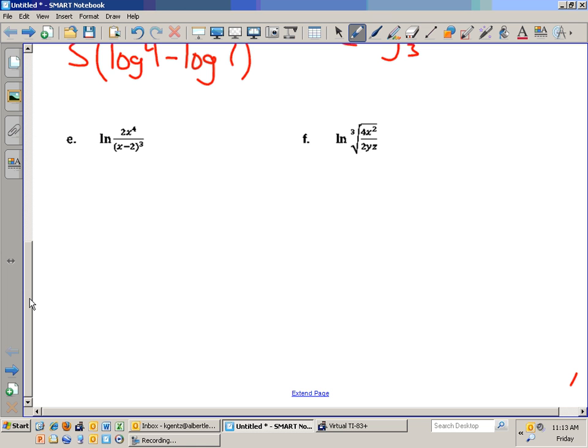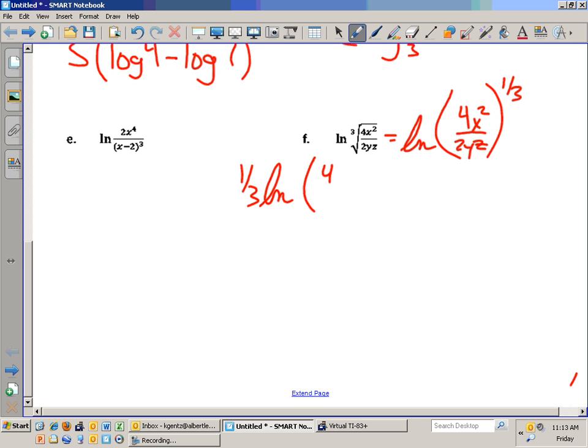So, all right, we'll try the next one. I'm going to write this a little bit differently. I'm going to write it as the natural log of 4x squared over 2yz, all to what power? 1/3. So now, should I use the quotient piece first or the power first? Power first. So I have 1/3 times the natural logarithm of 4x squared over 2yz.